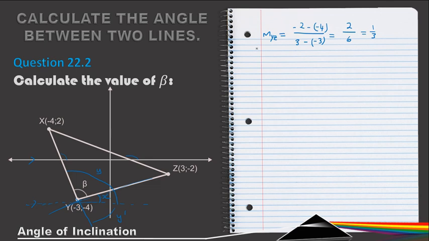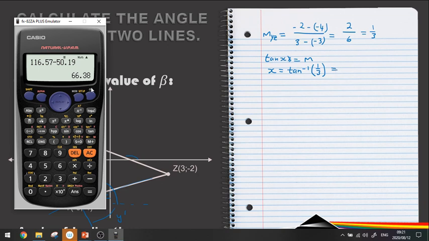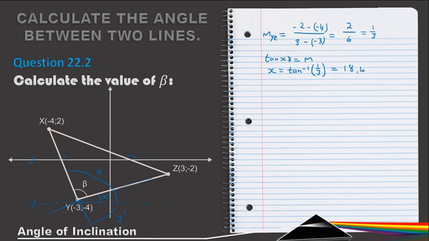All right, now for x's value, tan of x is equal to the gradient. So x is the inverse tan of 1 over 3. So we have shift tan 1 over 3, and that's equal to 18.43 degrees.